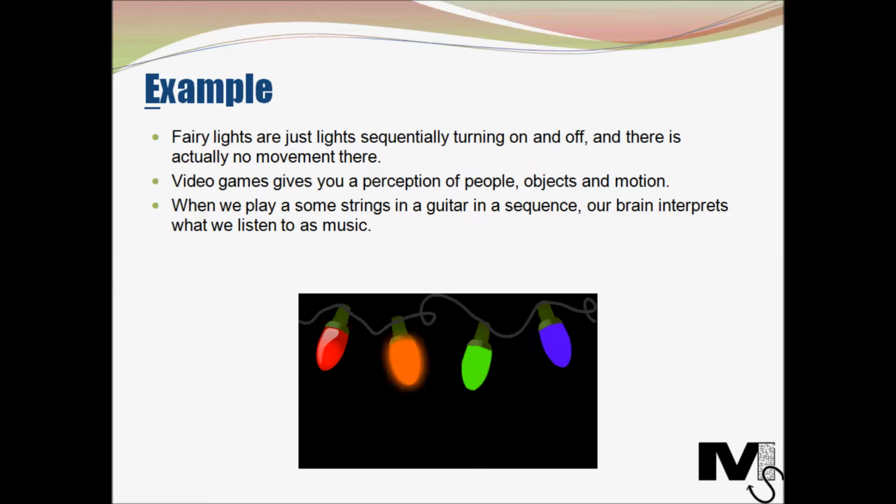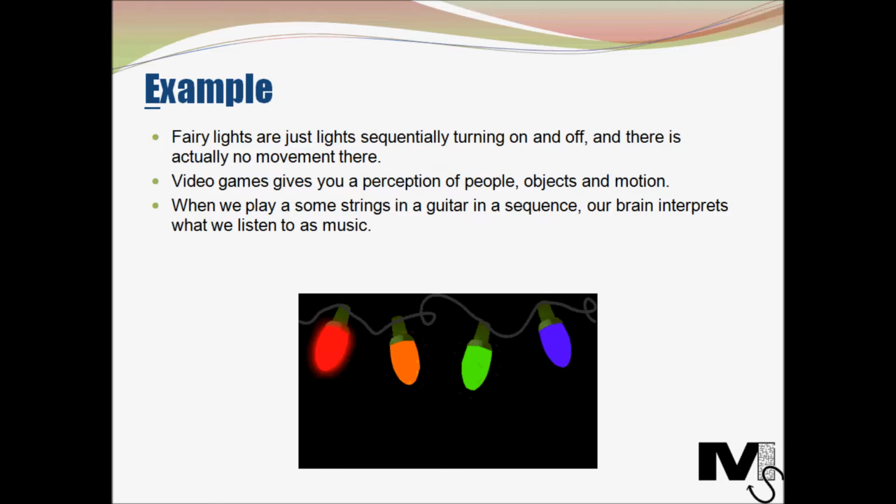A video game is a similar but more complex example. What you actually see on the screen is a complex arrangement of lights, which gives you a perception of people, objects, and motion.